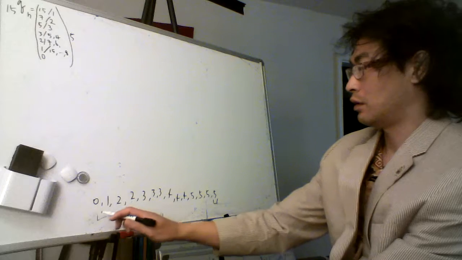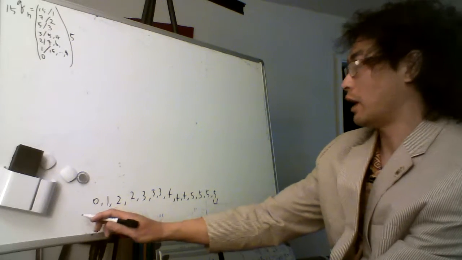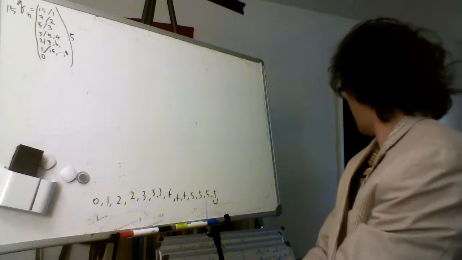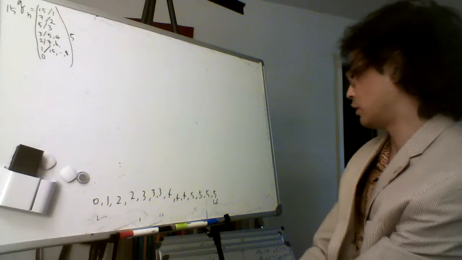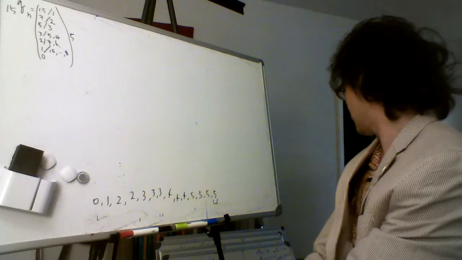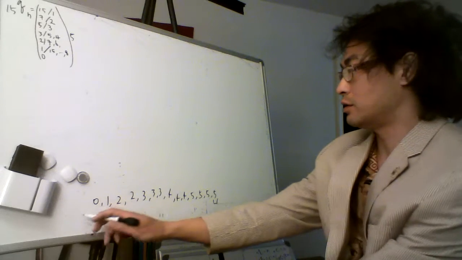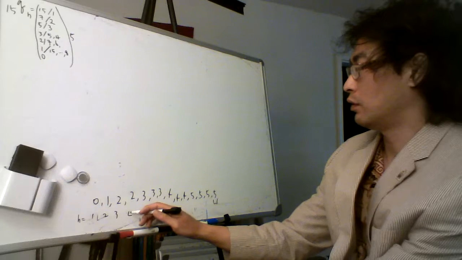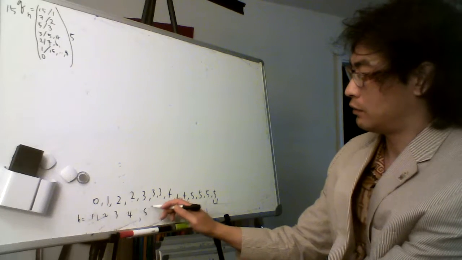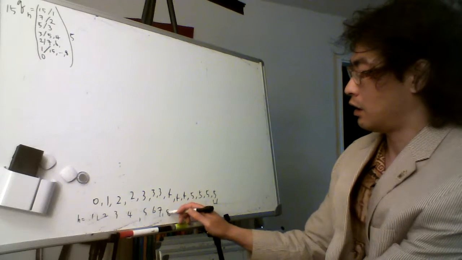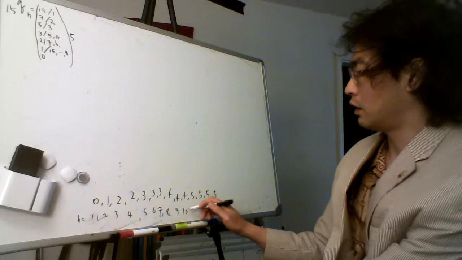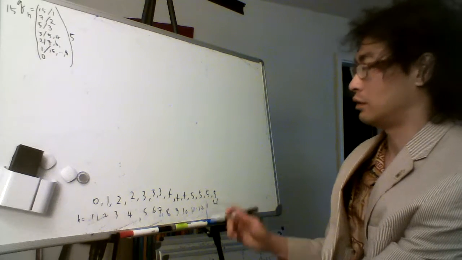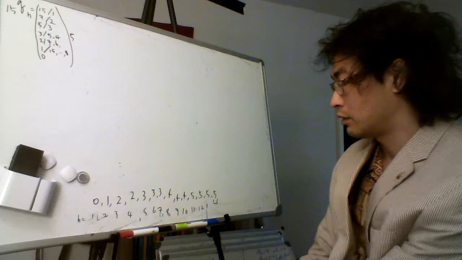So this is when n is equal to L. Our head number, we call it H. So H is equal to 1, 2, 3, 4, 5, 6, 7, 8, 9, 10, 11, 12, 13. I messed it up somewhere.